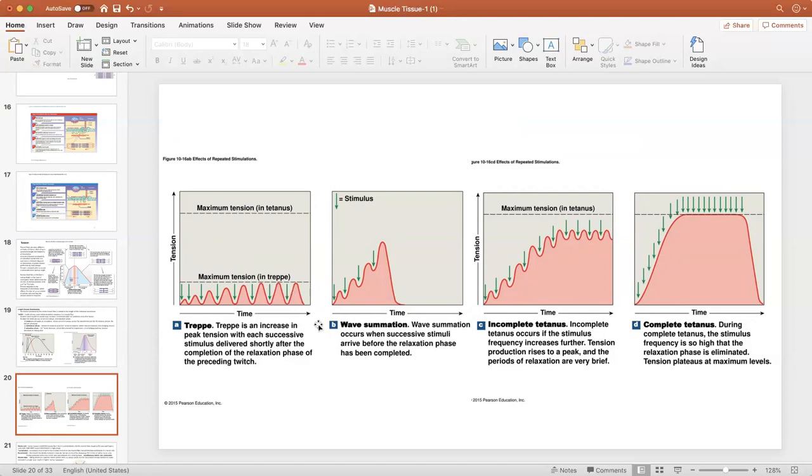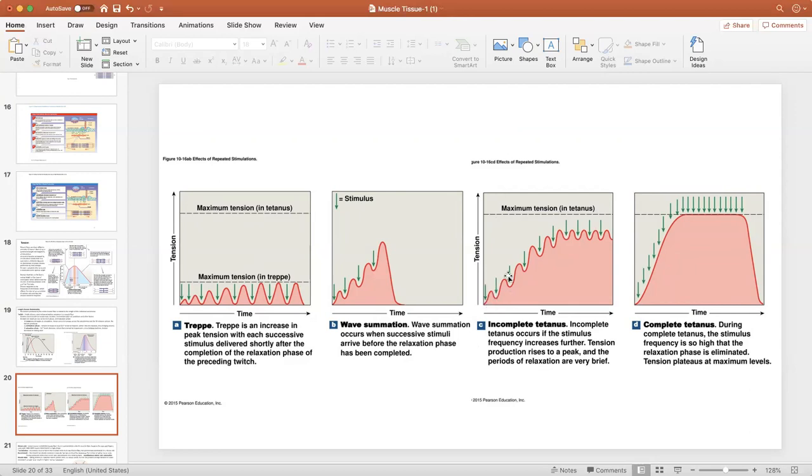And then we can have a wave summation where we have the stimulus, the contraction, and then not a full relaxation before we have a new stimulus. And so it kind of comes in a wave and increases tension. And then we can have what's called tetany. So we can have incomplete tetany. This is where we don't quite reach maximum tension, but we have less time in the relaxation phase.